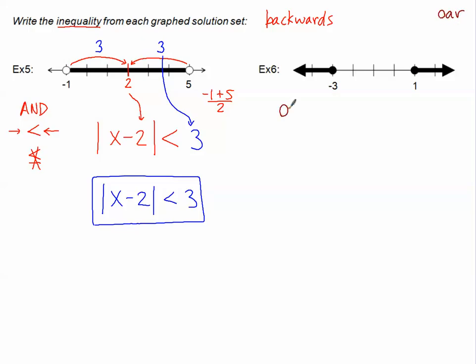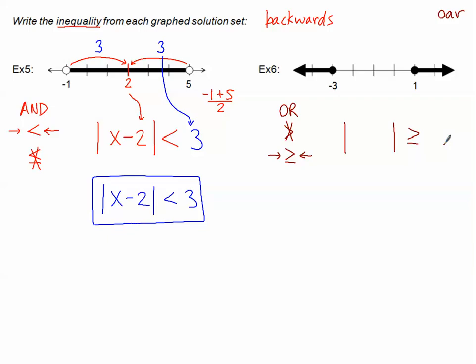This is an OR statement. And if it's an OR, we're using greater than or greater than or equal to. So I know it's got to be one of these two. Now, since I see these closed circles, I must be including the values. So I'm not using that one. This must be the symbol that I'm using. The absolute value of something is going to be greater than or equal to something else.